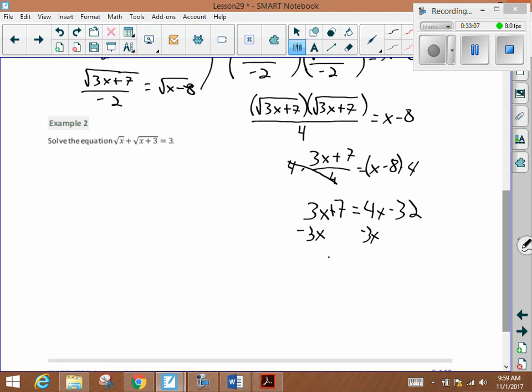We get 7 is equal to x minus 32. Now I have to add 32 to both sides. And that will give me 39 is equal to x. And that's fantastic. But hey, we need to check it, don't we?